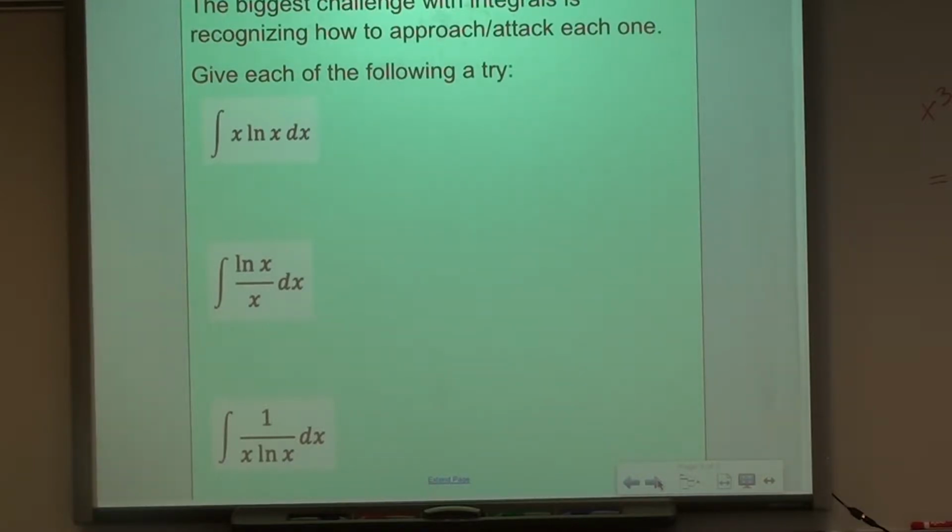Use the first one, right? Minus the integral of du. There you go. X squared over u. What about the second? What about the third one? X over two. ln of ln.